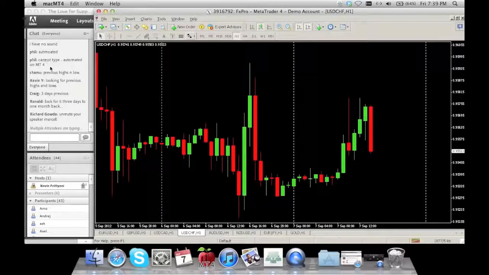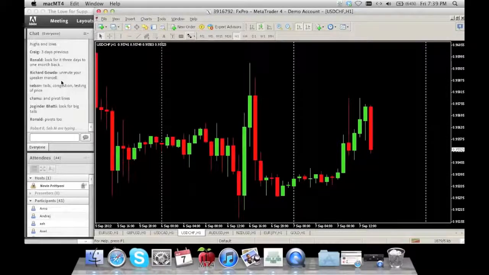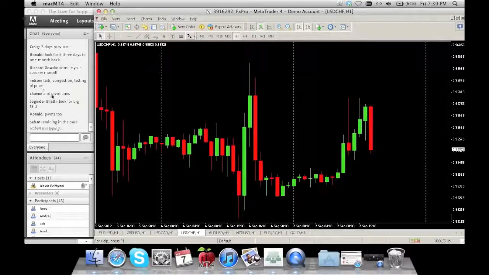Phil says automated on MT4, previous lows and highs, look for supports, highs and lows, 3 days previous, look for it 3 days to 1 month back. Tails, congestion, testing of price, pivot points, look for big tails, pivots holding in the path.